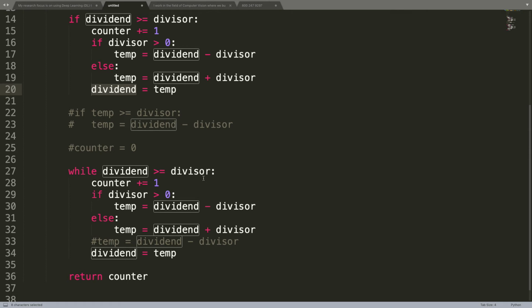I'll put a check here, and divisor is greater than 0.